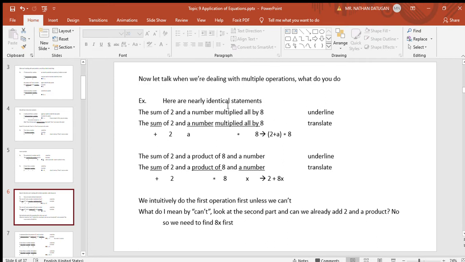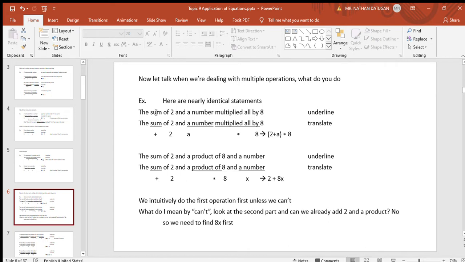So we have two statements here. The sum of 2 and a number multiplied all by 8, and the sum of 2 and a product of 8 and a number.